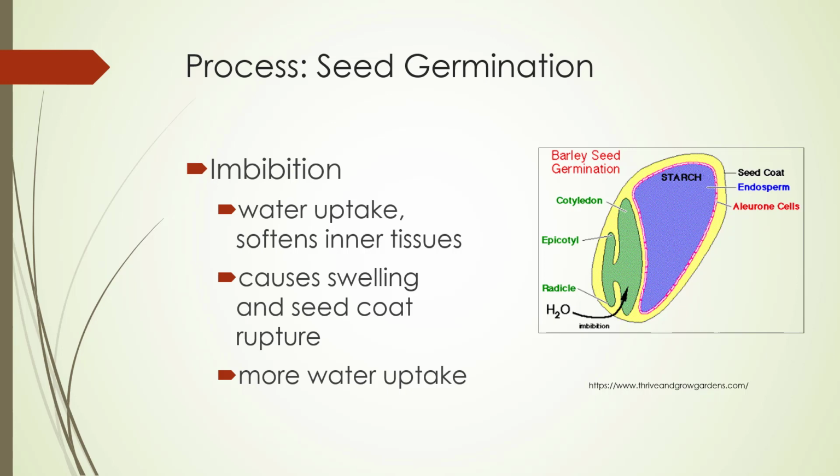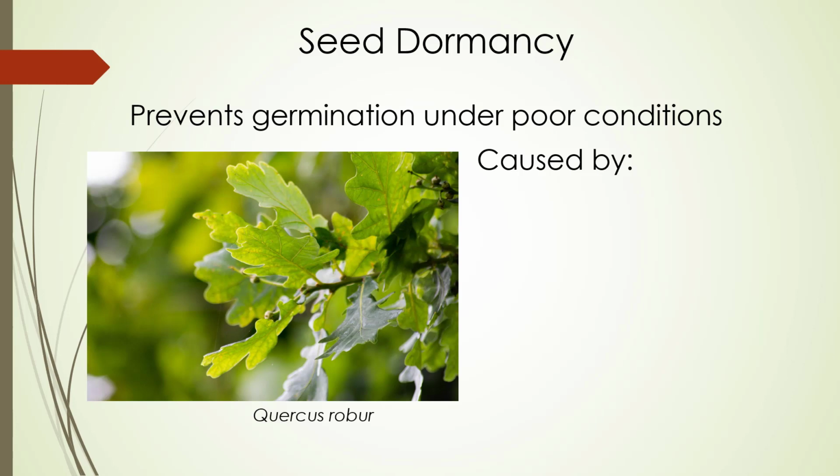So water uptake softens the inner tissues. It causes swelling and the seed coat to rupture. It also allows for more water uptake. And just so you know, the aleurone cells are the outermost portion of the endosperm.